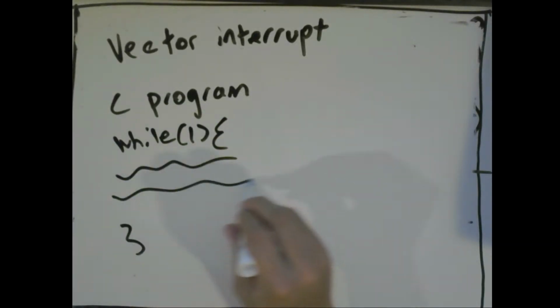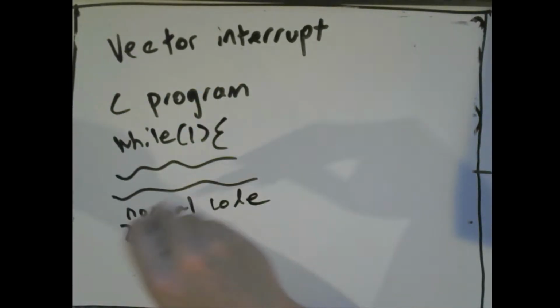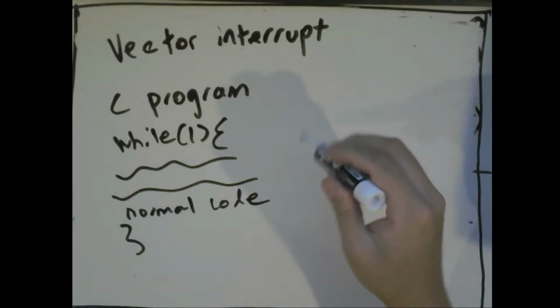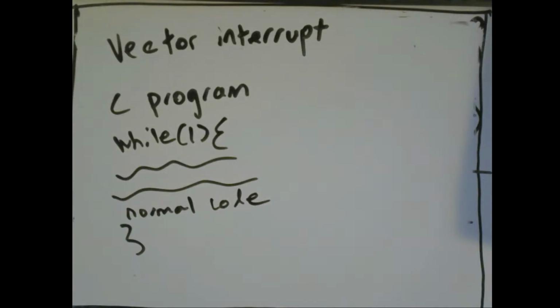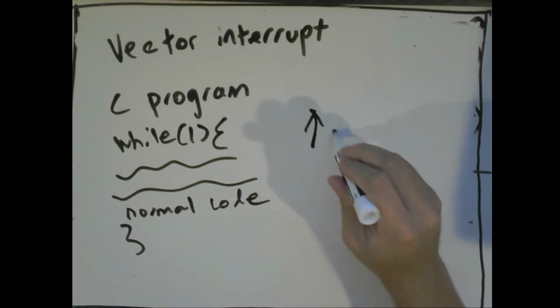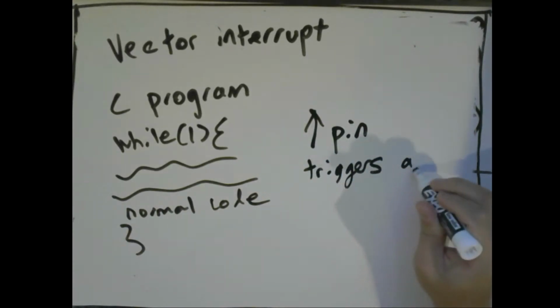Like I have normal code right here. And if I have a vector interrupt, let's say I'm doing some code in this part of the program, and my interrupt is set up so I want to interrupt whenever a pin on my microcontroller goes high. While that pin's not changing, the state's the same, I do this code. But as soon as the pin goes high, it triggers an interrupt.